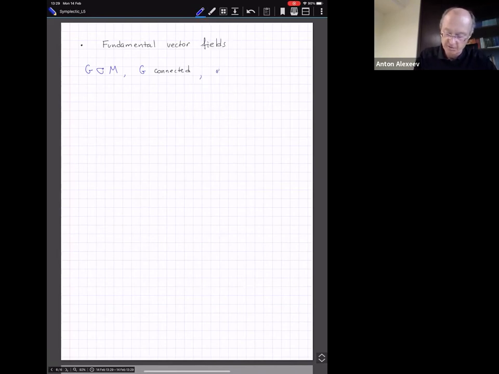And the Lie algebra of G is denoted by little g. So then let me choose an element in the Lie algebra, and we define a vector field. So let me call it XM. So this is a vector field on my manifold. And it's defined by its action on smooth functions.